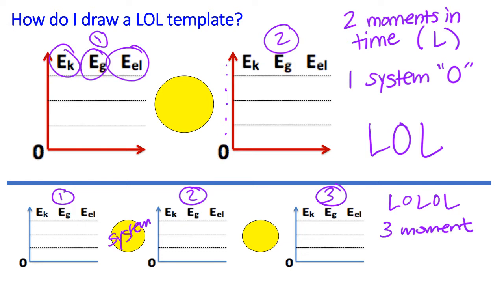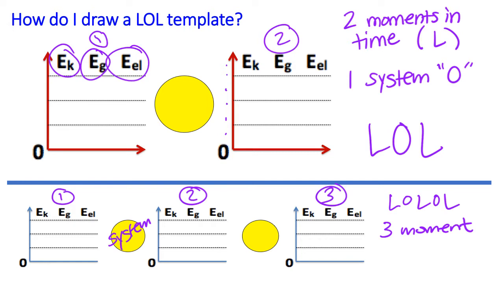Now, this is optional. If nothing changes in the system, if the total amount of energy remains the same, there is no energy coming into the system, there's no energy leaving the system, after you do the first system O, you can skip it. And then you would have an LOLL diagram.